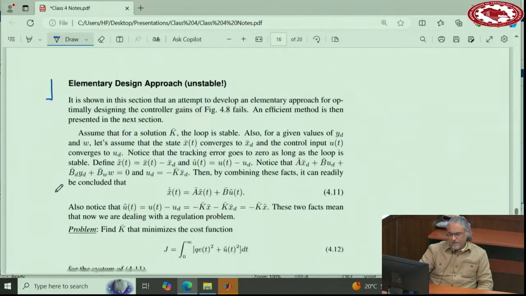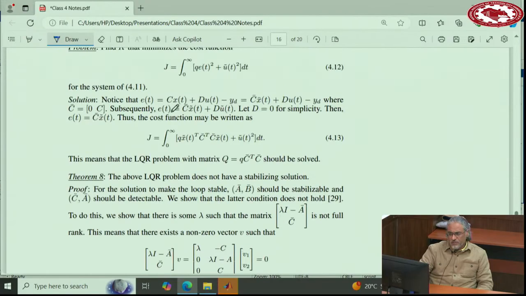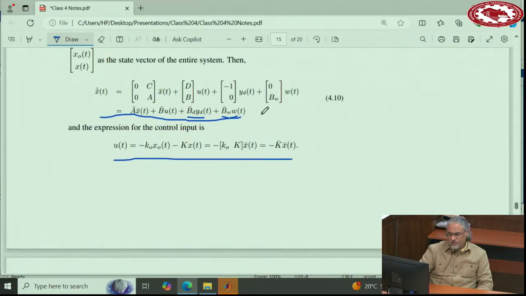Okay. So in this case, we propose to apply d over dt, which is the derivative operator, to both sides of these equations, this set of equations, this one and this one. If you apply that, this yd is a step function, this disturbance is a step function. When you take the derivative of them, both of them become 0. And then now you have the derivative of this.